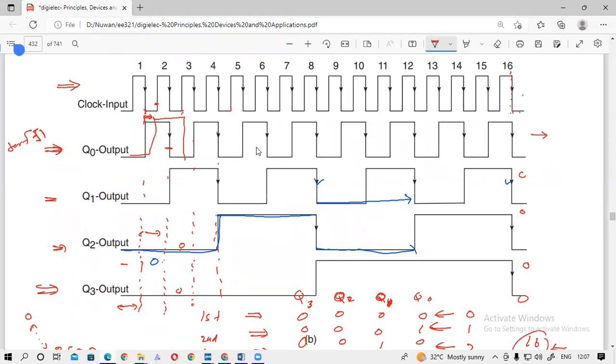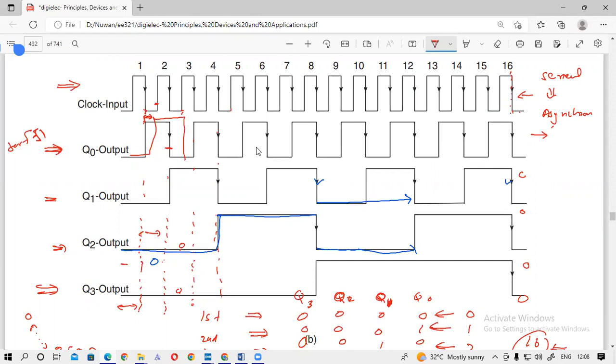So in this type of serial flip-flops, the clock pulse synchronization does not happen, so we call it an asynchronous counter. Not flip-flop, sorry.